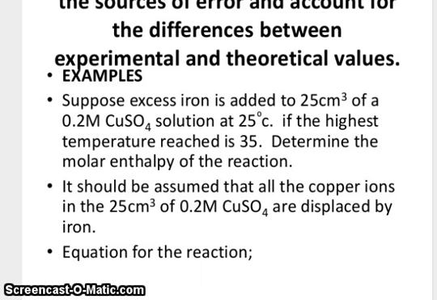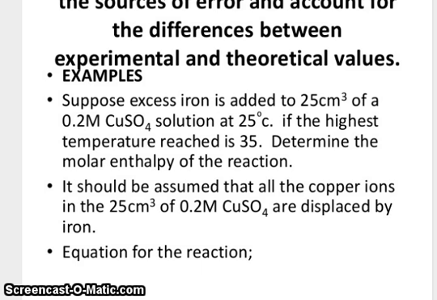For example, suppose excess iron is added to 25 cubic centimeters of a 0.2 molar copper sulfate solution at 25 degrees C. If the highest temperature reached is 35, determine the molar enthalpy of the reaction.